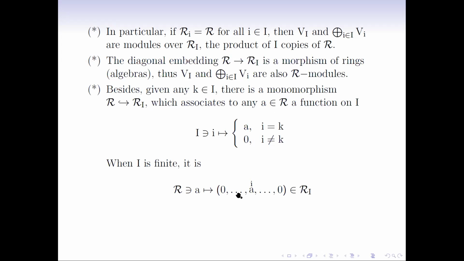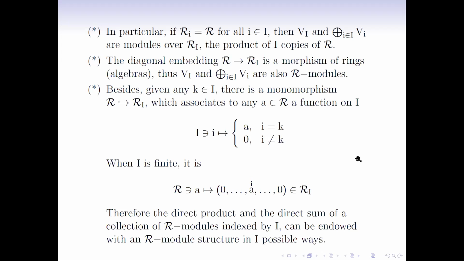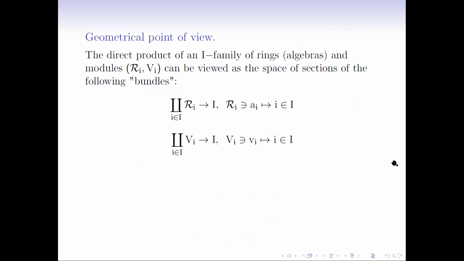So if I is finite, we just put a on the kth position and zeros otherwise. And it's a morphism of algebras or rings. So we see that the direct sum or the direct product of modules can be endowed with the structure of R module in I possible ways. And here above, in N possible ways, if N is the number of elements in I.